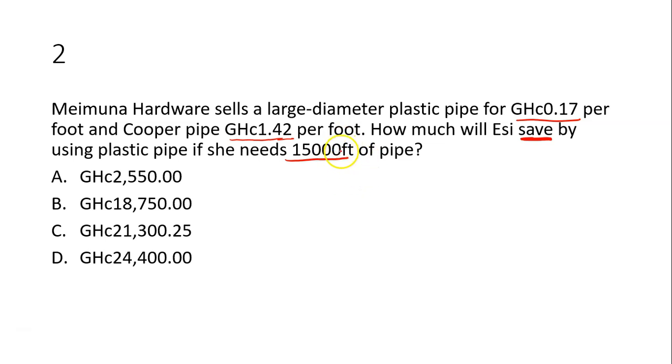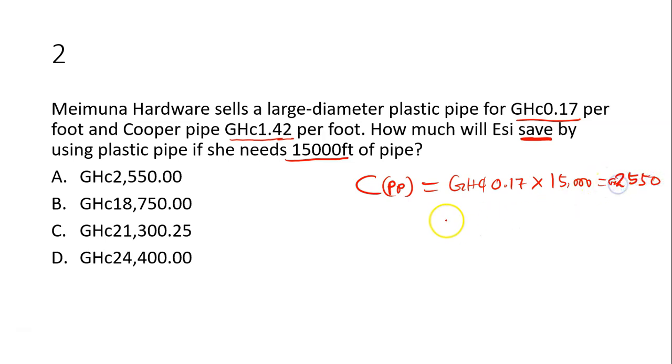Using plastic pipe if she needs 15,000 feet of pipe. Now to solve this question, we need to know the total cost of the plastic pipe. So total cost of plastic pipe should be unit cost times the amount she needs, which is 15,000. So 0.17 times 15,000 should give you 2,550 Ghana cedis.